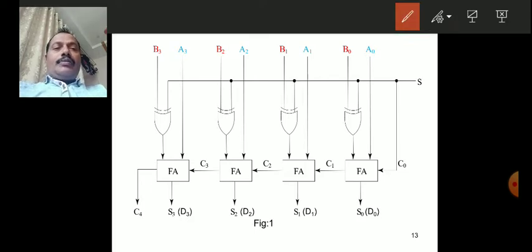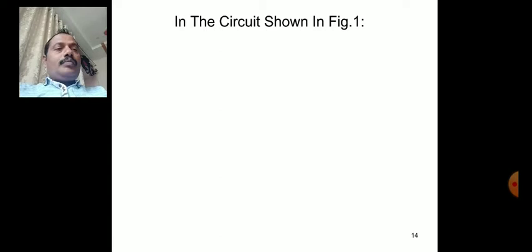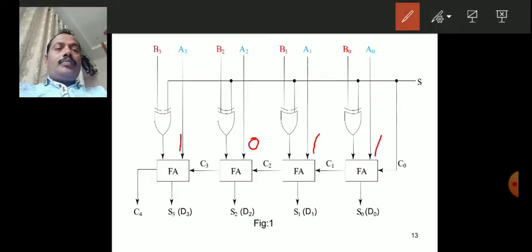A inputs are 1 0 1 1. B inputs are 1 0 1 0.